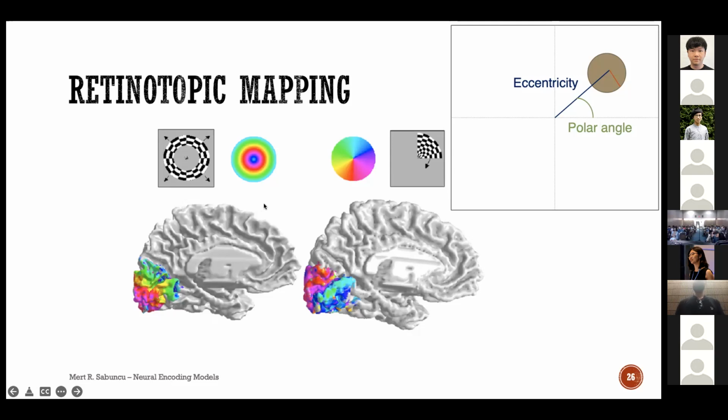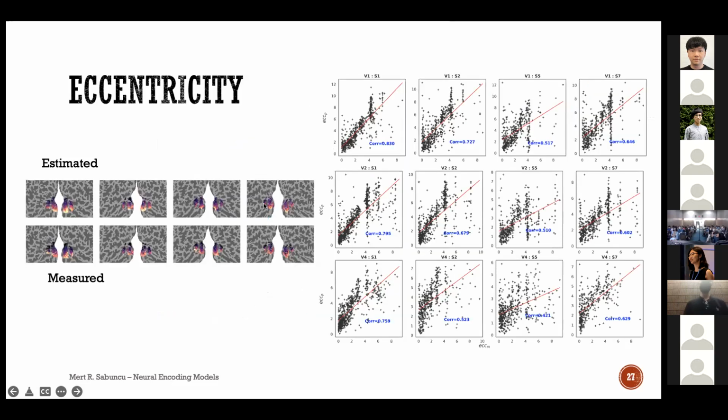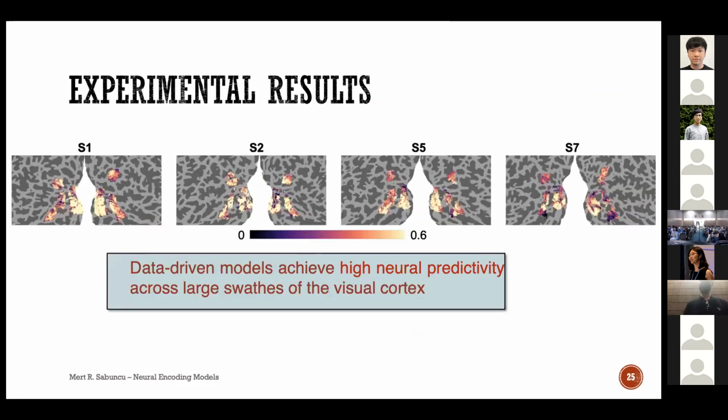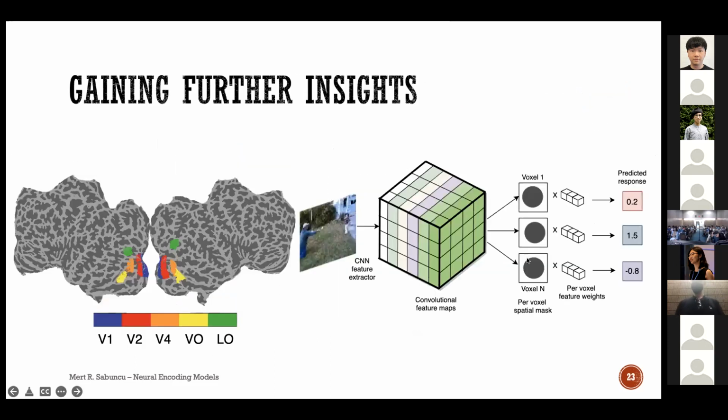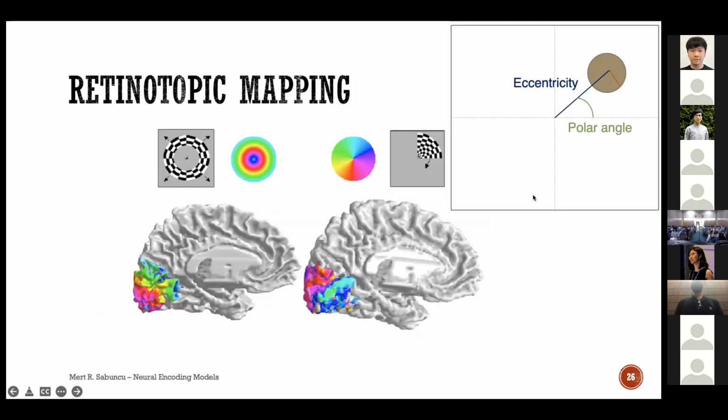Okay, so what we did was, if you remember, in this model we have an attention mask for every voxel. So we can take this attention mask that's been learned by training on the data and fit it to figure out what the eccentricity and the polar angle will be for that particular voxel. And so we have an estimated eccentricity and polar angle.